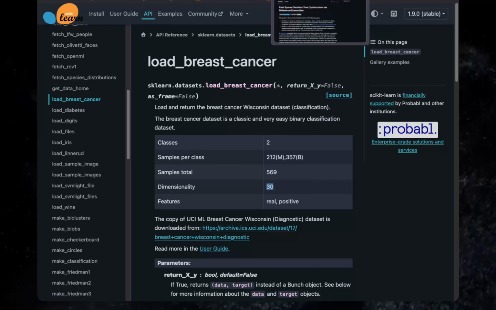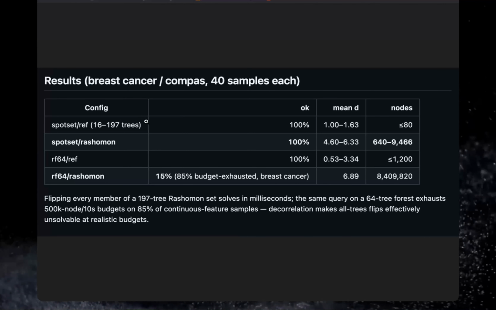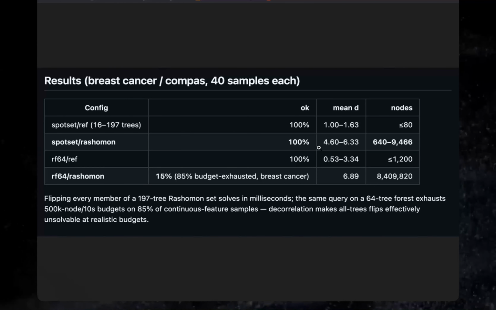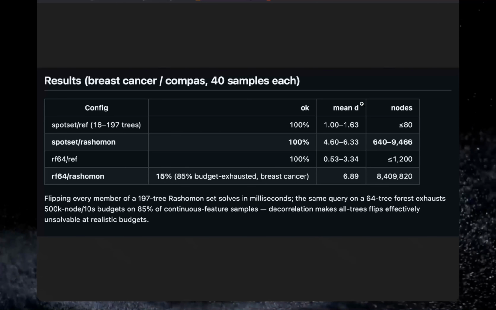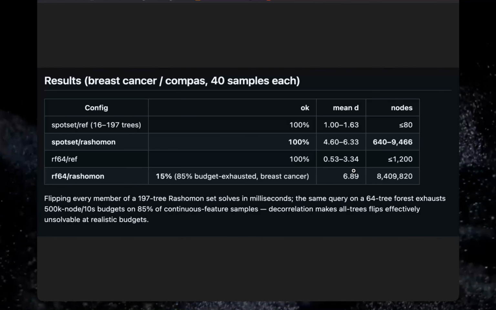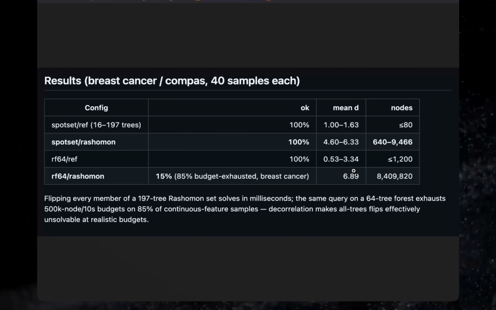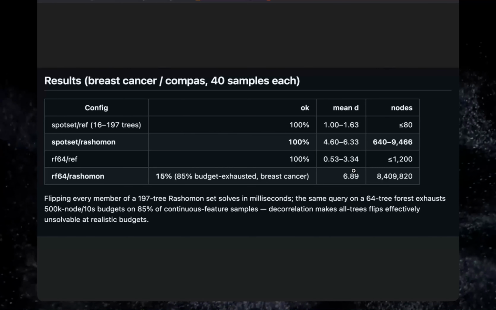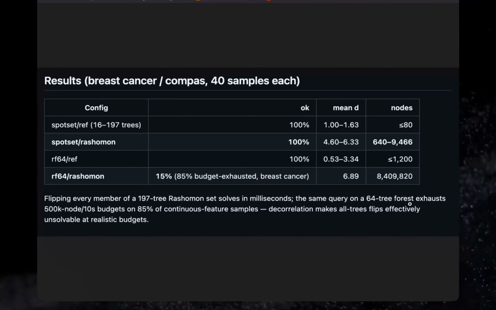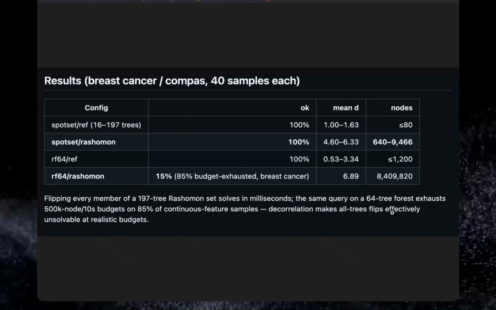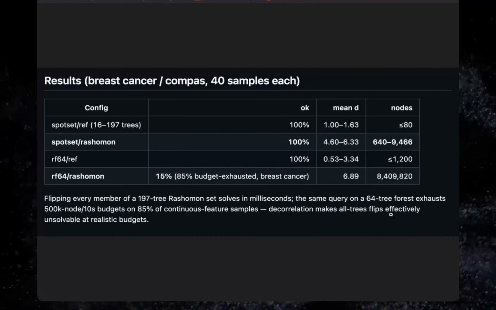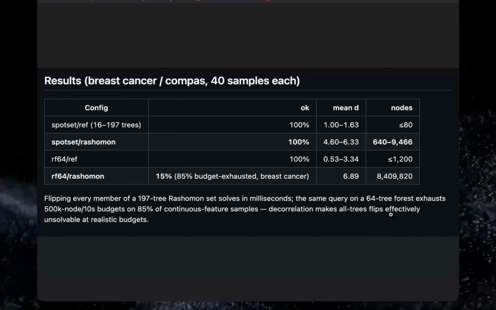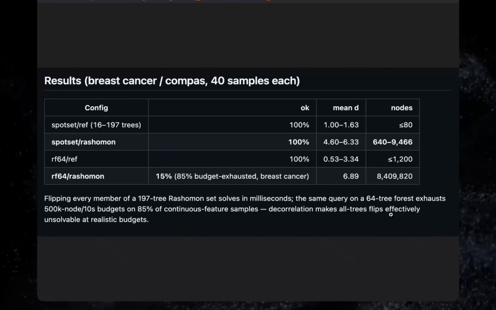Even though there are only 30 features and we're taking a sample of 40, you're still doing thousands and thousands of iterations and thousands of tests or sampling just to find a flip. This is a challenge with this kind of problem: even in small scenarios, you are doing a lot of perhaps unnecessary compute, depending on how you're framing it.